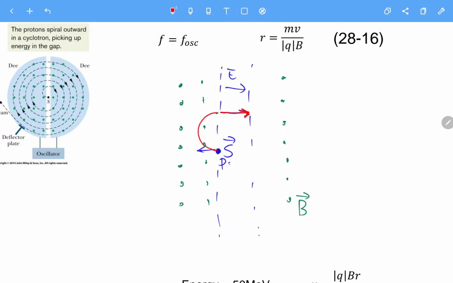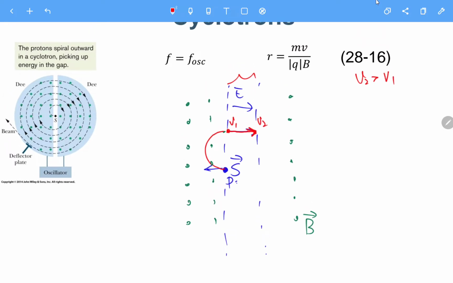Okay, so next, during this region, this is an E field, so it will accelerate the particle from this point to that point. So this is V1, and V2 is bigger. So V2 is bigger than V1.